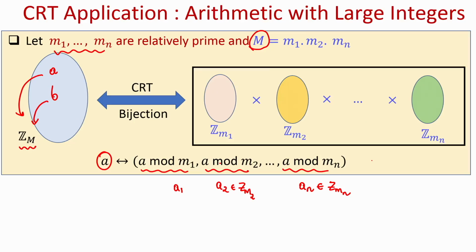Okay. So, that shows that my mapping is surjective as well.